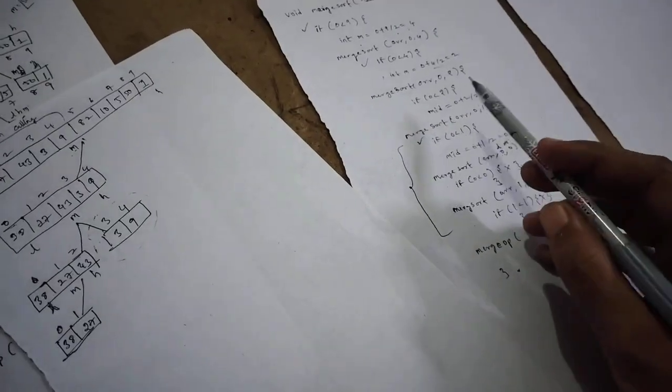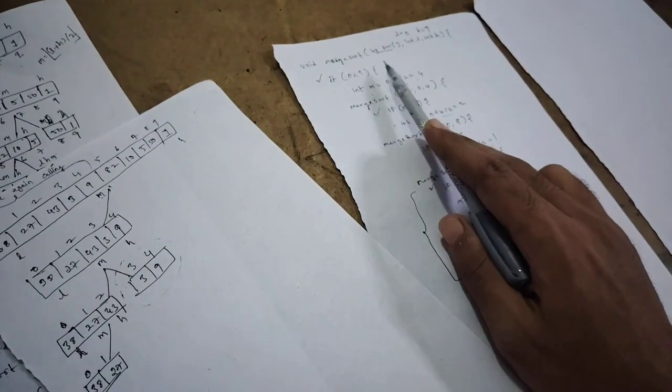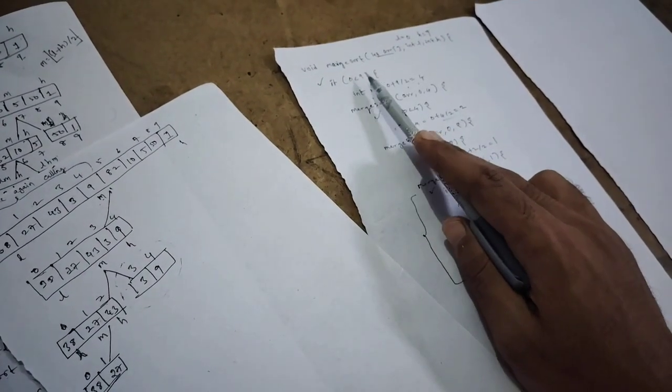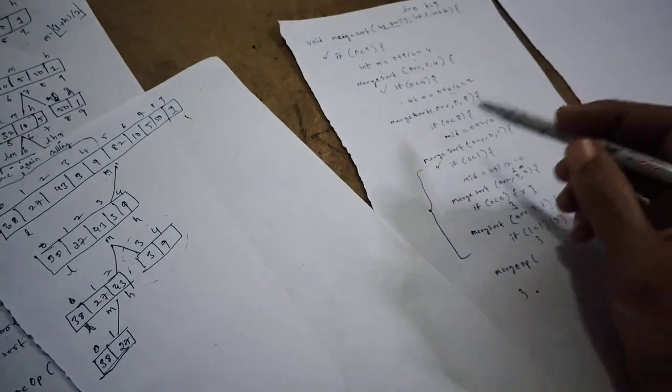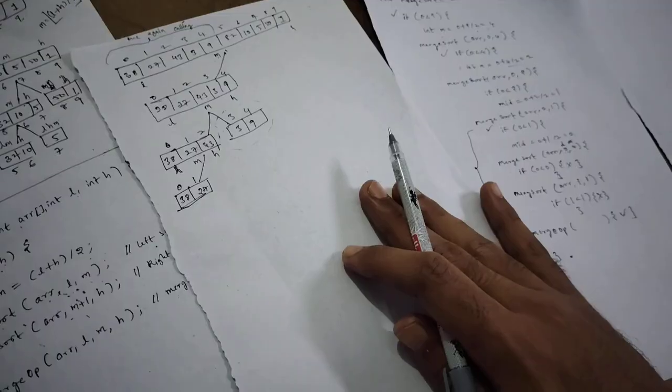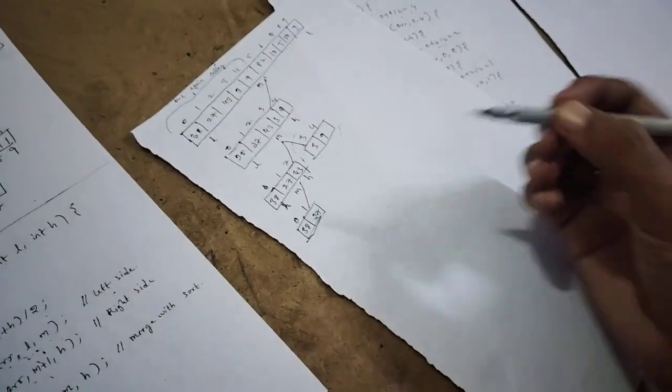So we find out and come back, and come back, for indexes 0 to 9. There is a chain like this. So how to merge? I will explain how to merge it.